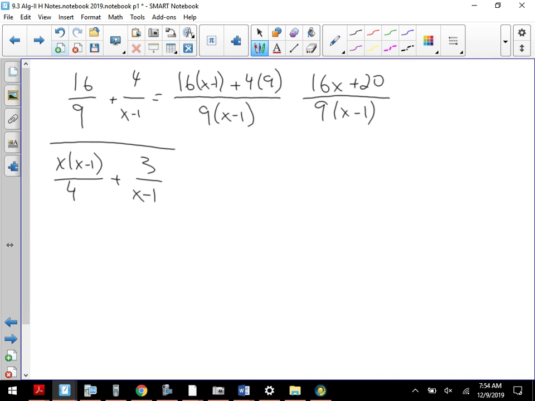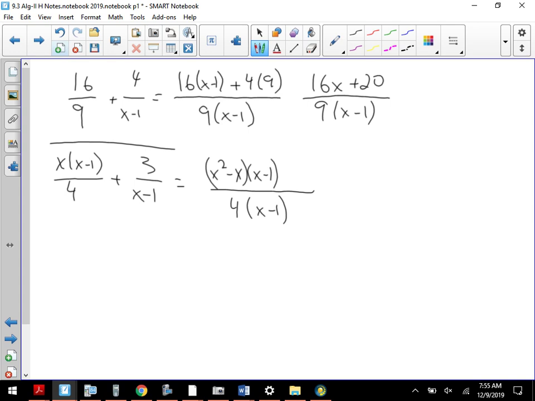Okay. At that point, I'm probably starting to think, ooh, I could probably take out a 4 if I needed to. Depends on what happens later on with any of the other things I can simplify. Here, again, we have 4 and an x minus 1. So that first fraction needed the x minus 1. So what I'm going to do is rewrite it as the x squared minus x times the x minus 1, because that way I can FOIL that out easier. Okay.